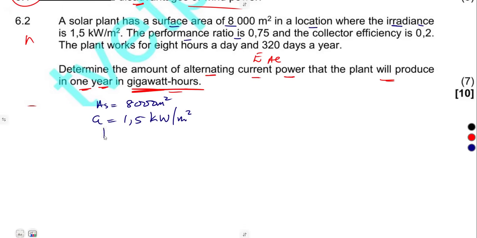The performance ratio is given as 0.75 and the collector efficiency 0.2.